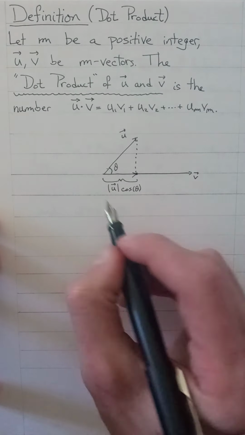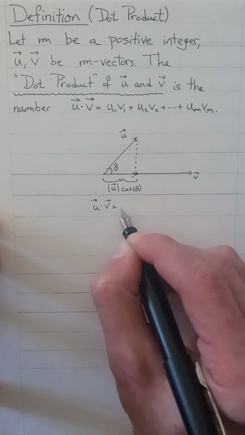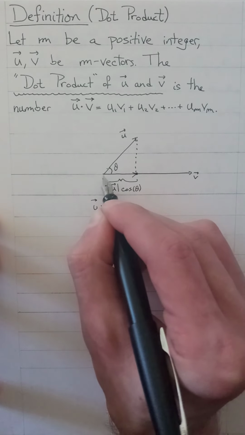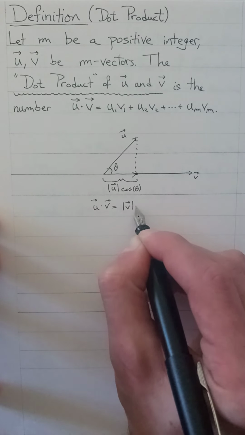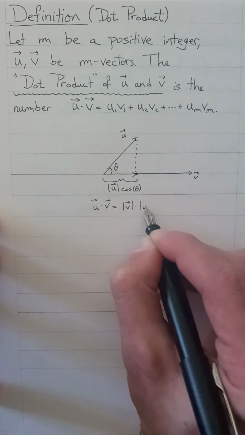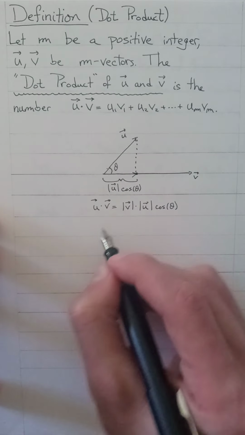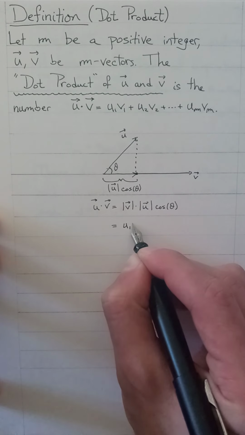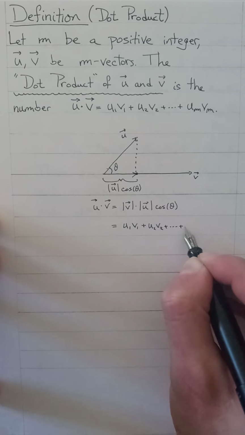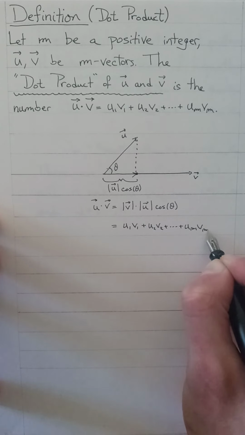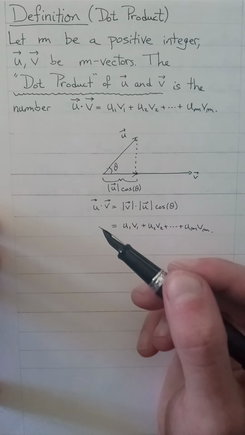And the dot product is geometrically the length of v times the projection of u onto v. So that's the length of v times the length of u times the cosine between them. Or, equivalently, it's u1 v1 plus u2 v2 plus dot dot dot plus um vm. So it takes in two vectors and spits out a number.